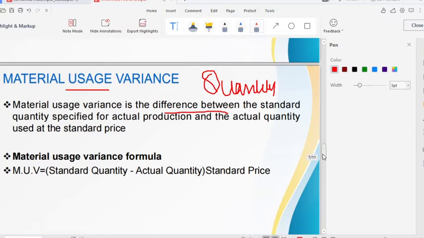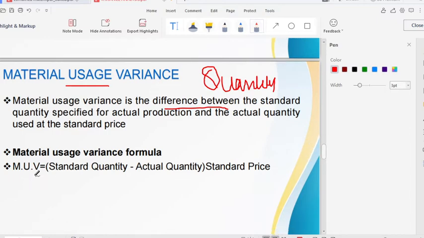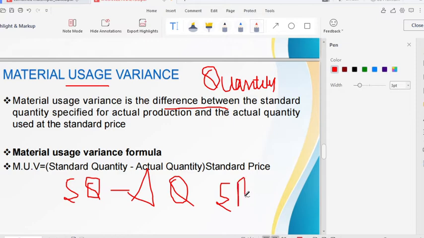See the formula here. Material usage variance is equal to standard quantity minus actual quantity into standard price. So this will be the material usage variance. I hope it is clear to you.